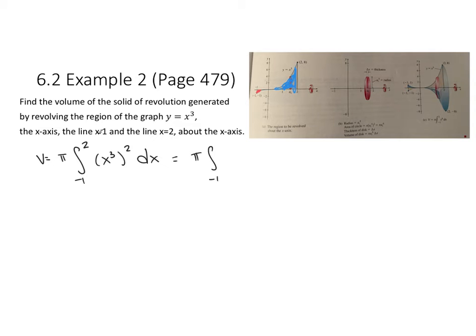That's pi, integral from negative 1 to 2, x to the 6th dx. So the antiderivative, pi will just come for the ride, 1/7 x to the 7th from negative 1 to positive 2. I'm going to pull the pi over 7 out just to make it a little bit cleaner. And I have 2 to the 7th power minus negative 1 to the 7th power.